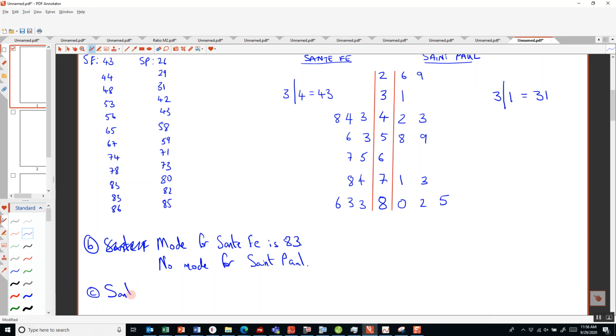So a good thing you could say is Santa Fe has a higher temperature. You want to comment on the temperature, and also on how spread out it is. So which one is most spread out? St. Paul. Yeah, St. Paul's got the most spread out data.